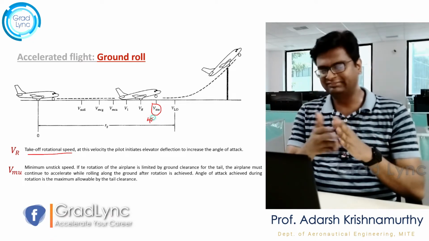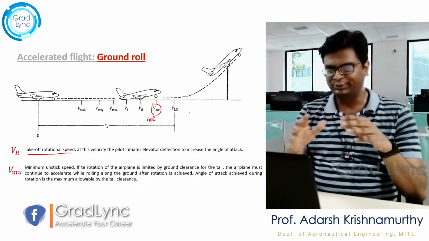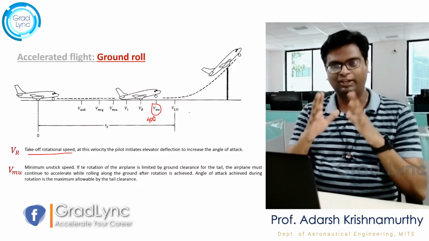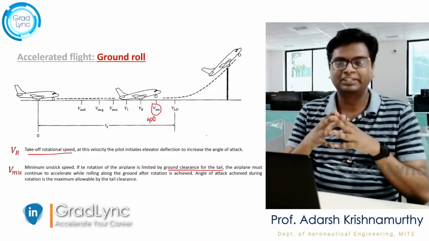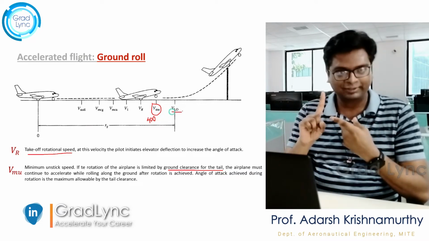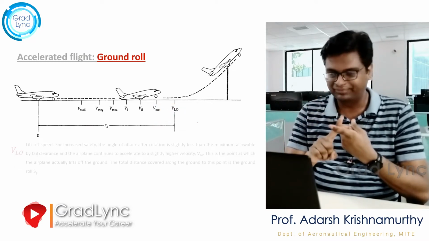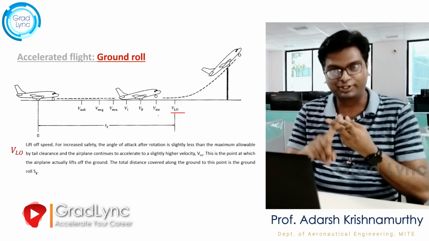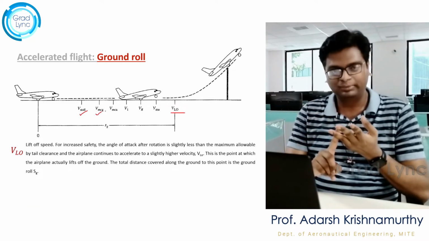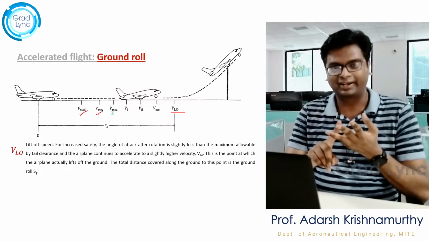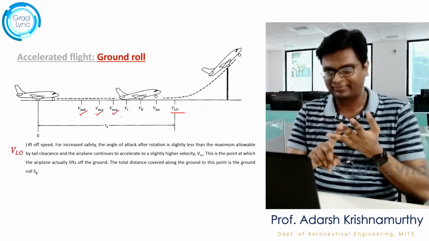I have increased the velocity to the next value, that is VLO, velocity of liftoff. Now this is the final velocity where I have overcome the problem of stalling. I have overcome the problem of controlling the aircraft when it is on ground. Also, I have overcome the problem of controlling the aircraft when it is in air.